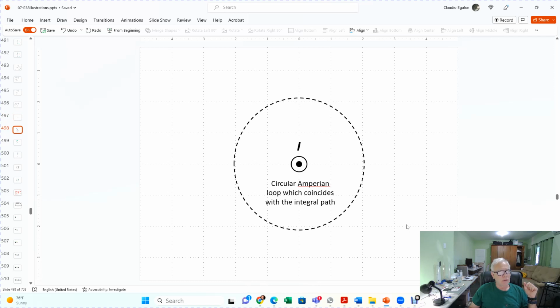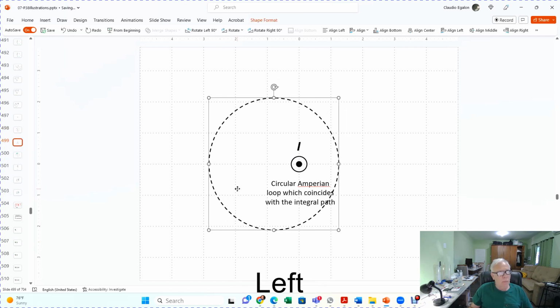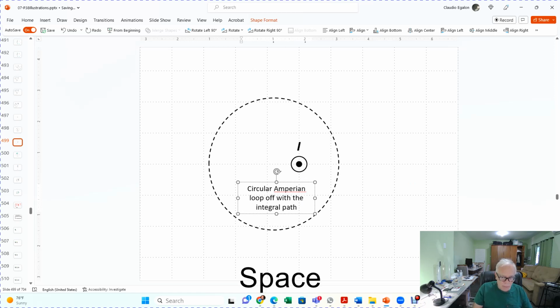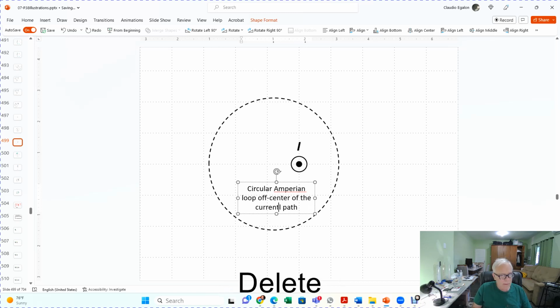Okay, so we have to choose a circular Amperian loop that is symmetric with respect to this current distribution. Okay? Here it wouldn't work if you had chosen an Amperian loop in this way, a circular Amperian loop off center of the current carrying wire.